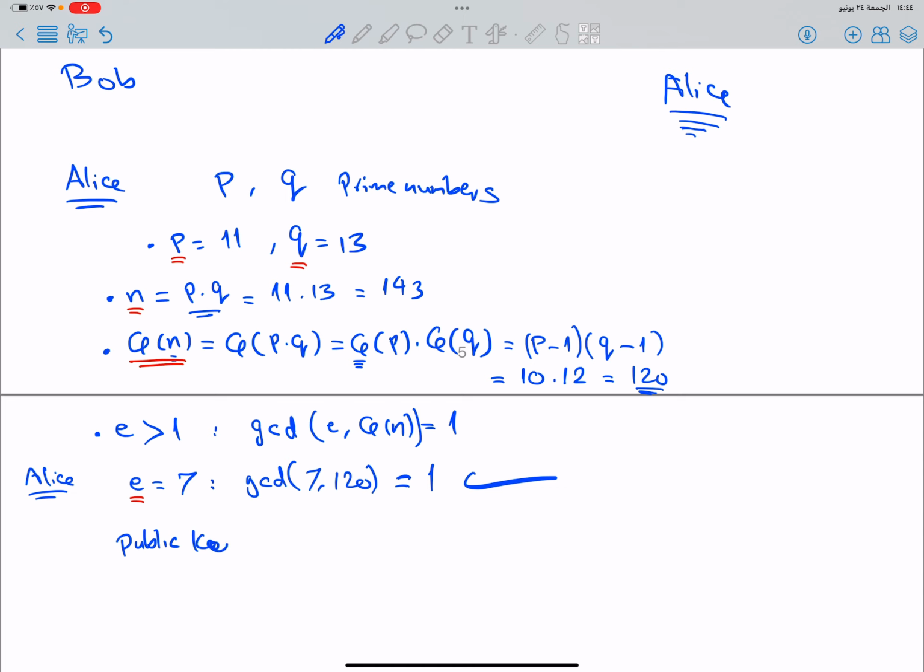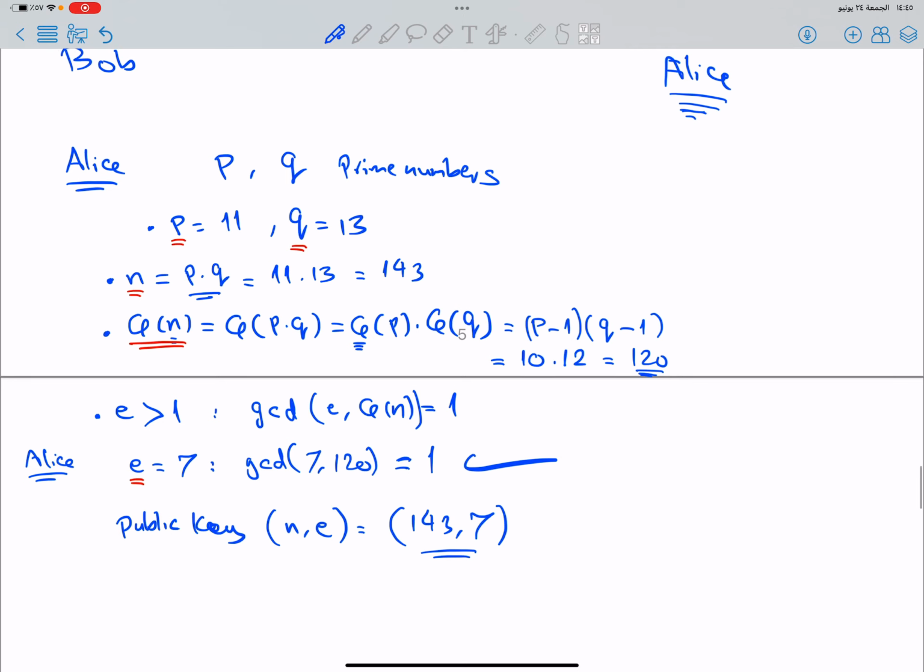The public key is N, E, where N is 143 and E is 7. Okay, this is the public key. Alice can publish this to the world. It's okay, no problem.